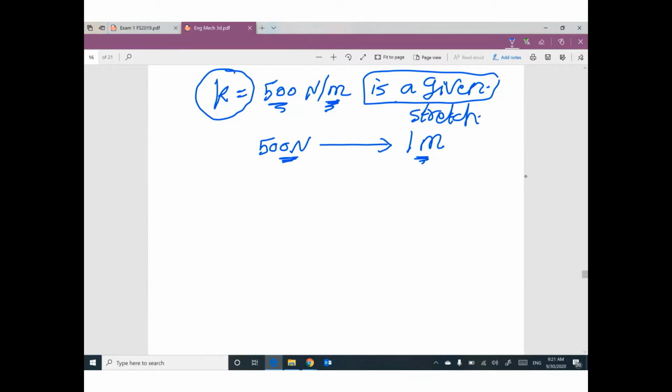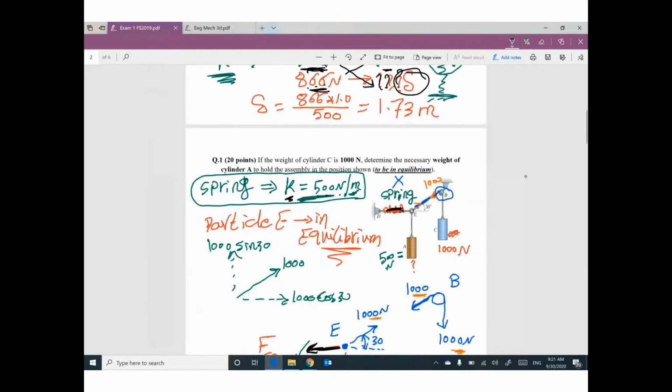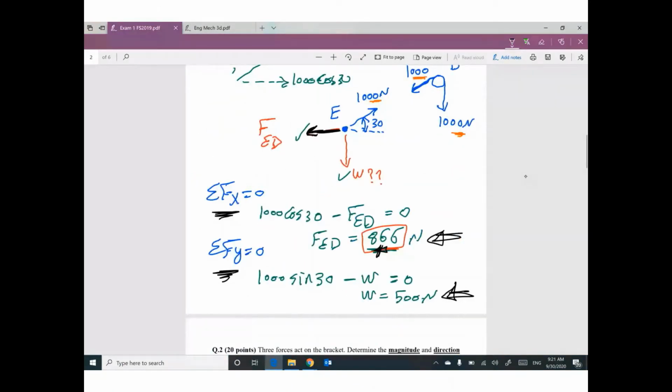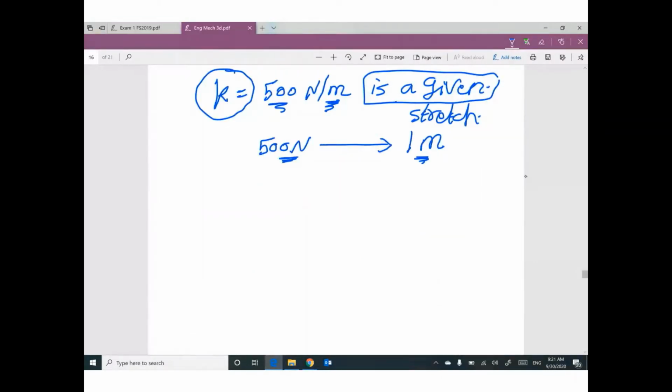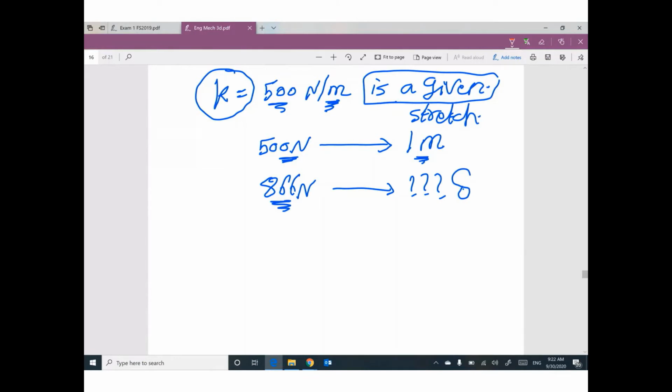Based on your calculations, what is the force in this spring? How much? 866 Newton. What will be the elongation, delta, under the effect of this force? Can you multiply your diagonals, this one times this one equals this one times this one?